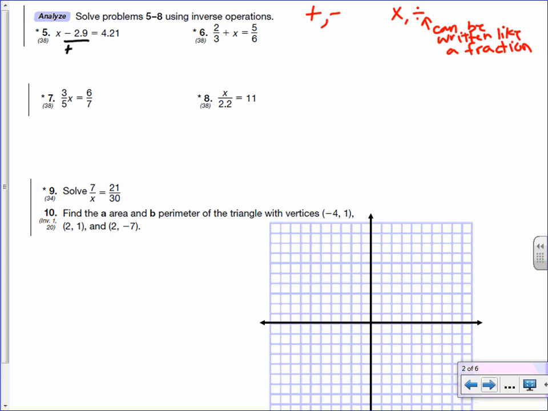So we add 2.9 to each side. Minus 2.9 plus 2.9 cancels out. That would be 0. So x plus 0 is x. And then 4.2 plus 2.9 is 7.11.